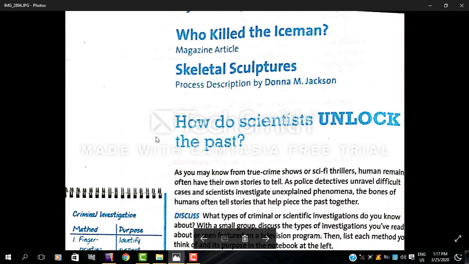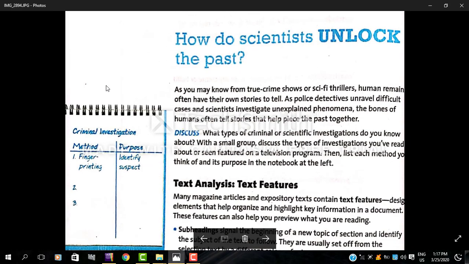But before reading, we have a question I want you to think about. The question is, how do scientists unlock the past? Unlock means here to solve the mystery in the past, to solve a problem in the past that no one knew about, but the scientists discovered the solution.